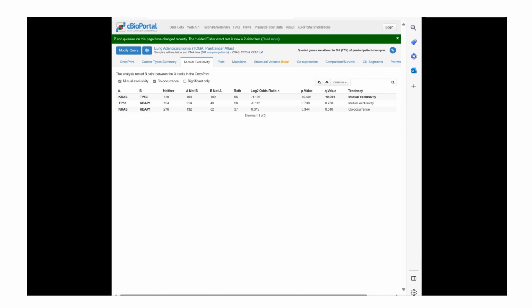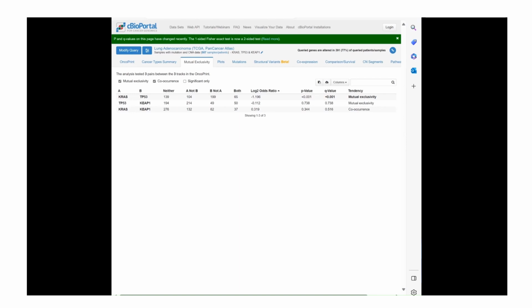Here you can see that KRAS and TP53 are considered significantly mutually exclusive, because the p-value and the q-value are both low. That's why we can say it is significant. Furthermore, we can see that we have a negative log2 odds ratio, and this shows that the presence of TP53 is more likely than the presence of the KRAS mutation.